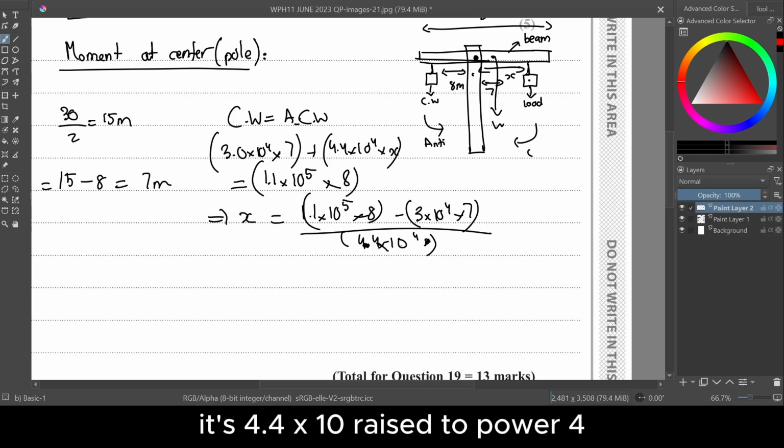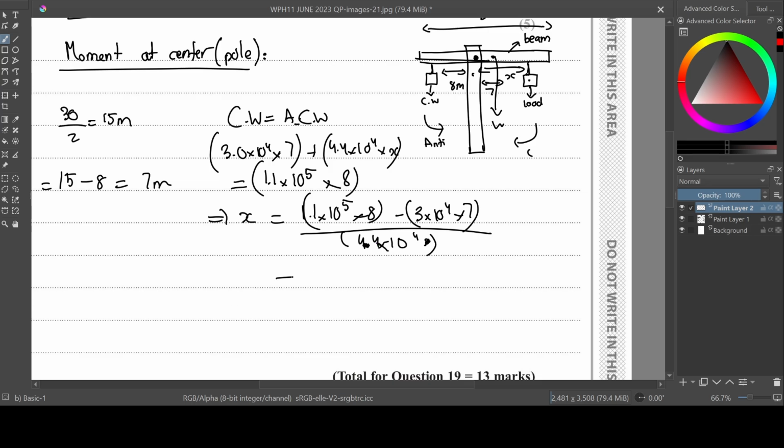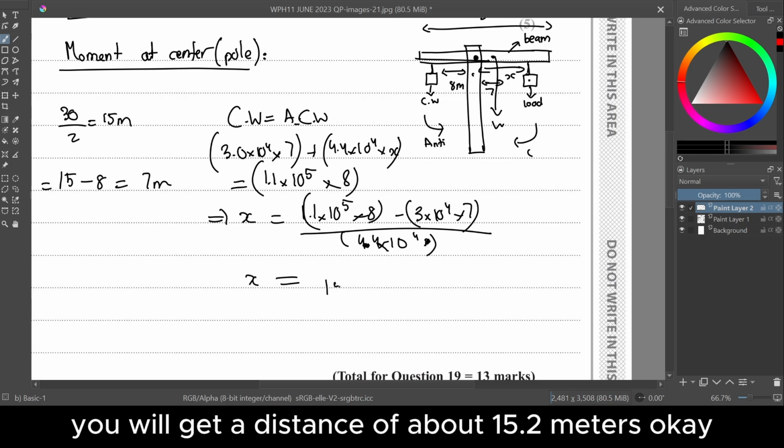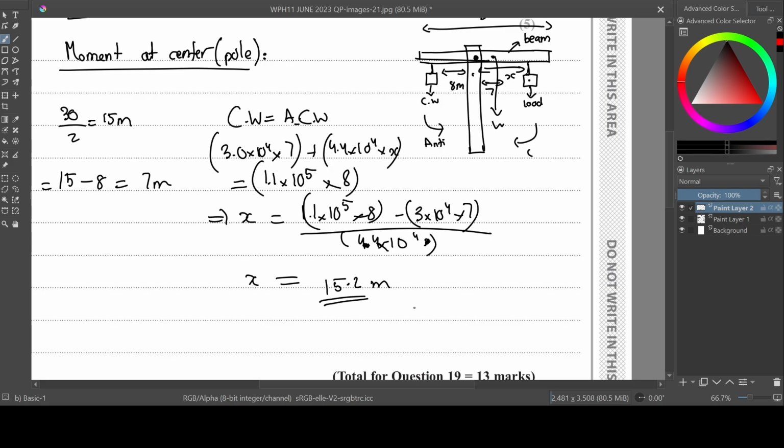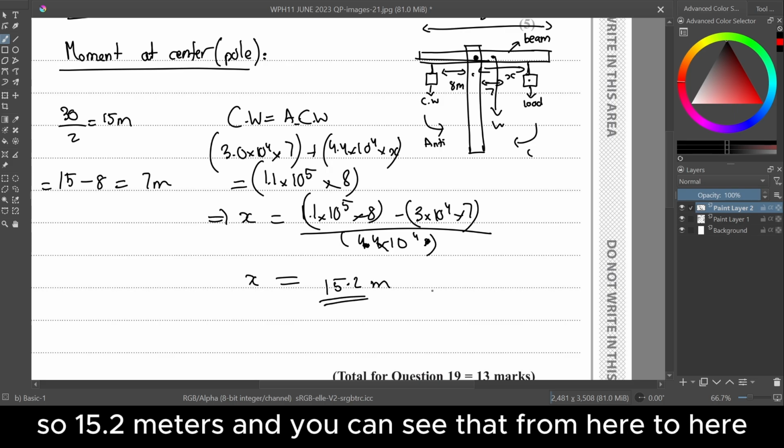Sorry for my bad writing. If you solve this, you will get a distance of about 15.2 meters. I have the rounded off value with me, so 15.2 meters.